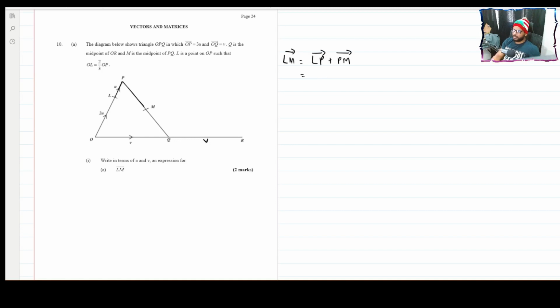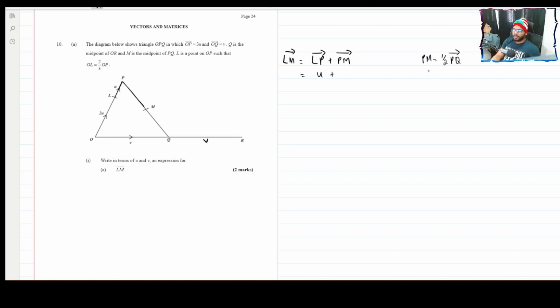So LP is just u. We have it in the diagram. LP is u plus PM. I need to figure out what PM is. PM is 1/2 PQ.